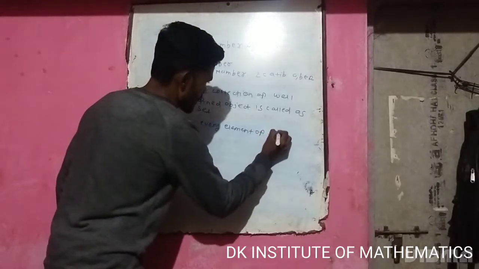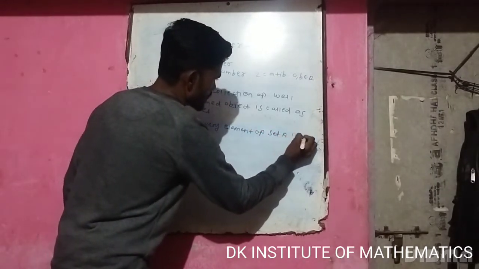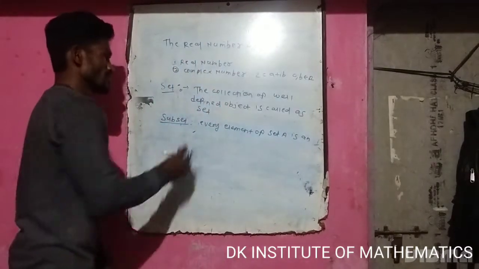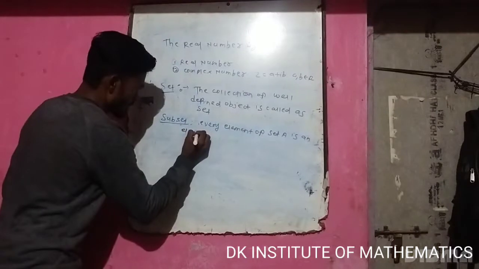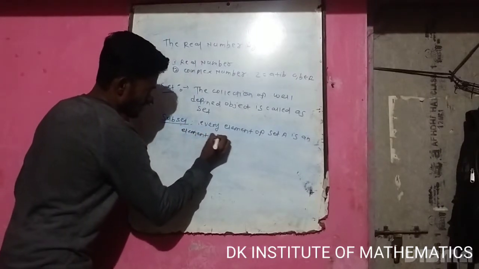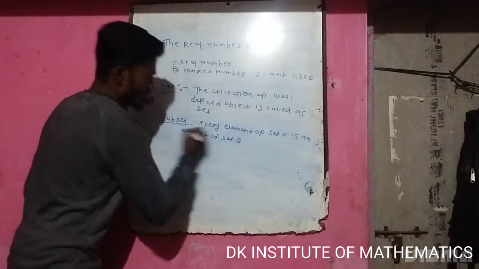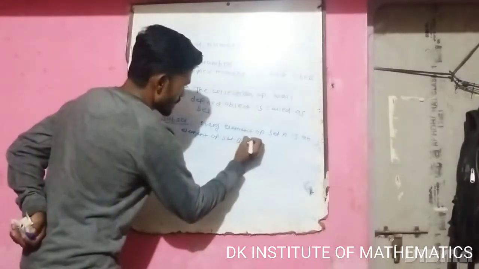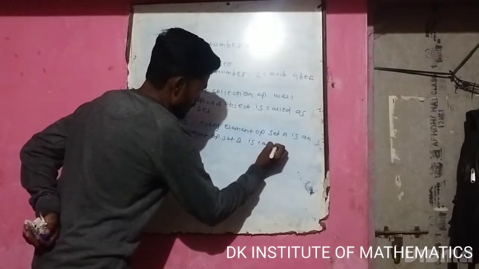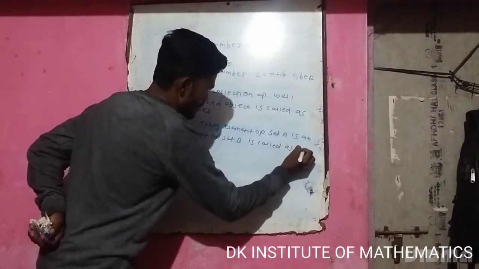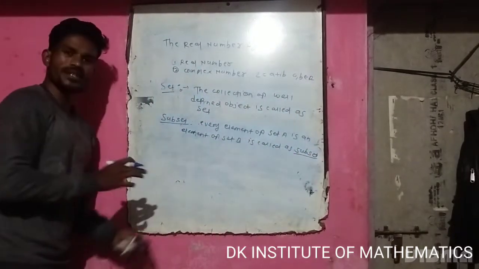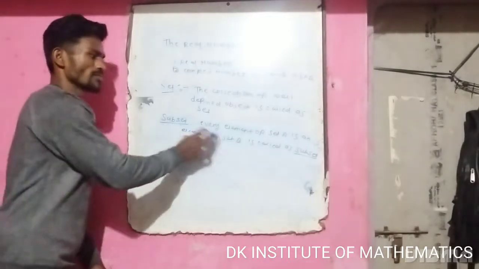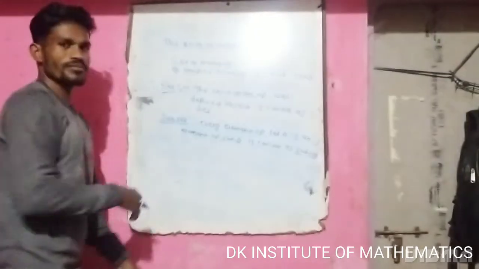Every element of set A is an element of set B. Set B is called a superset, and A is called a subset of B.